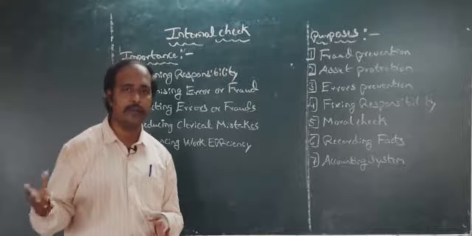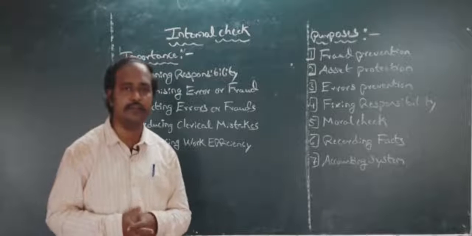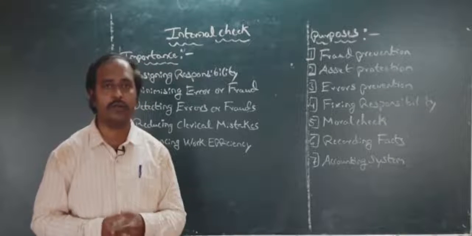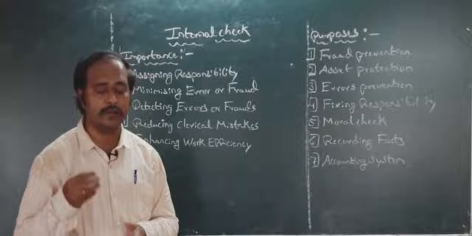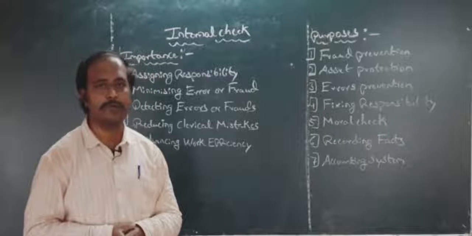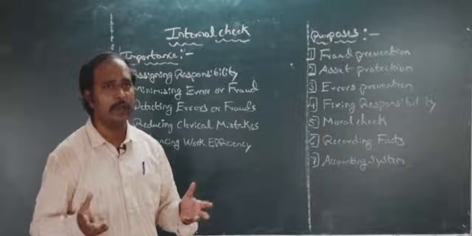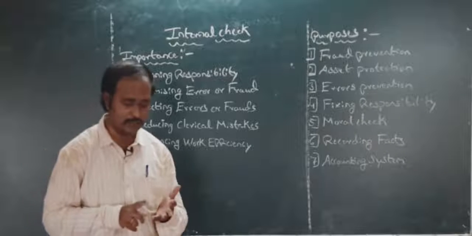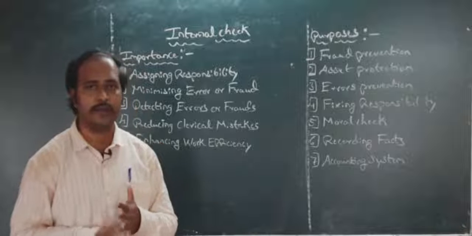So when another person gets in and finds the variances in whatever was recorded, and if it is detected or located by that particular person, definitely the responsibility will be fixed, because in an organization there is no requirement of any fraud or errors.